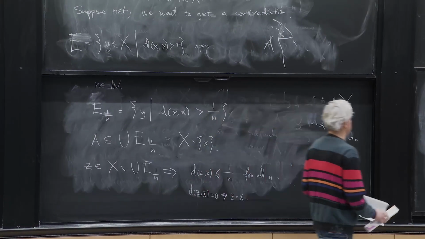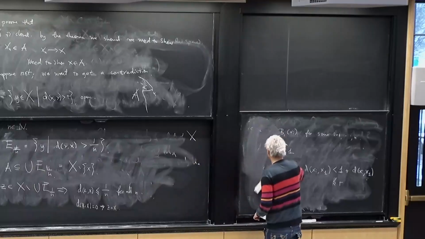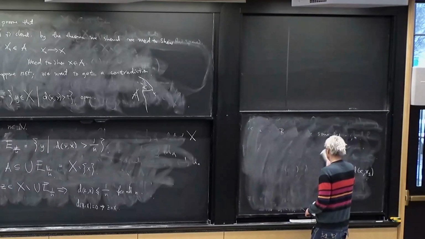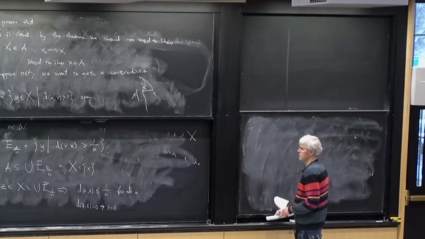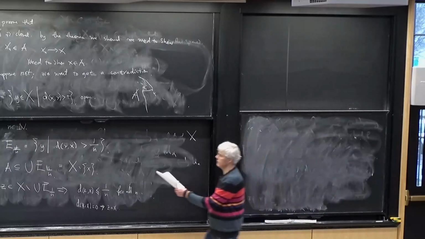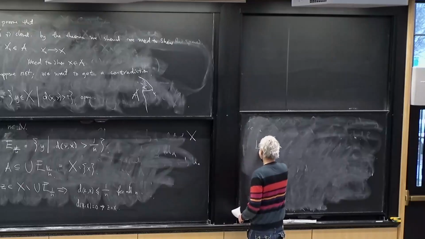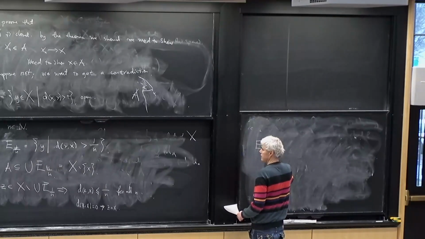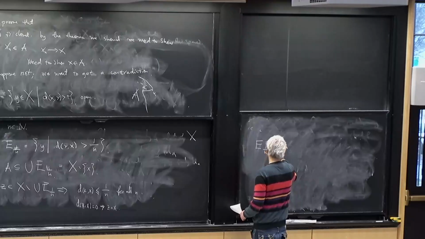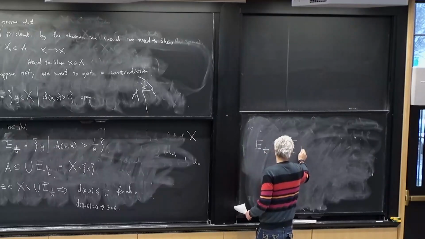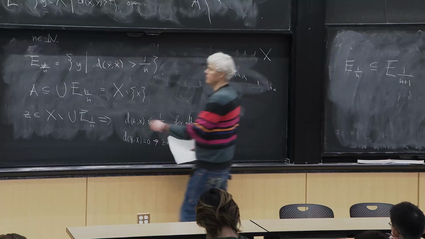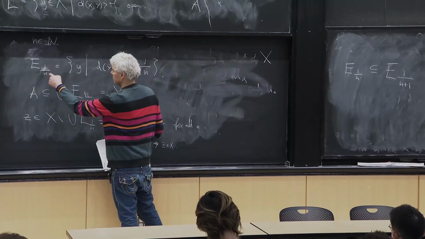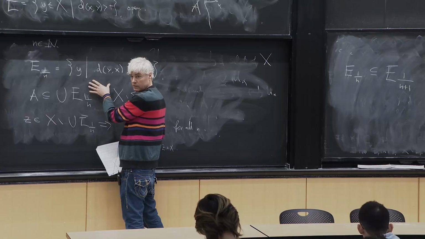But now this family has this property: if you're looking at E of 1 over n, this thing here is contained in E of 1 over n plus 1, right? If this number here is smaller, then it means that this set here is larger, right?